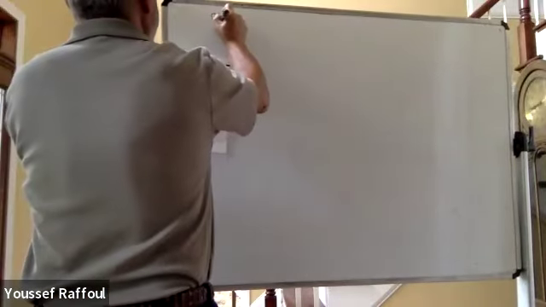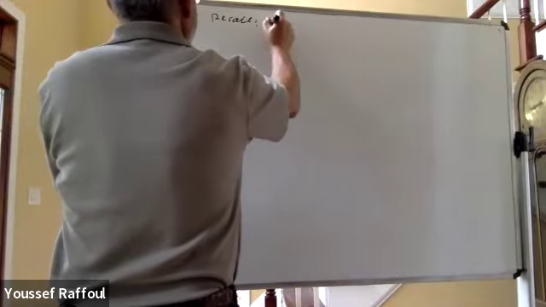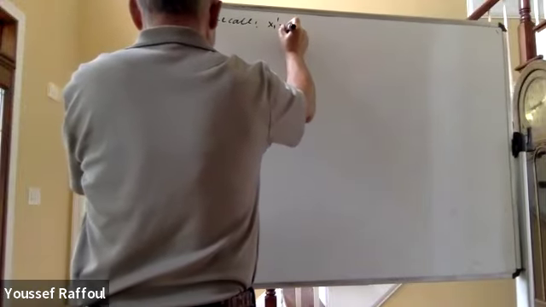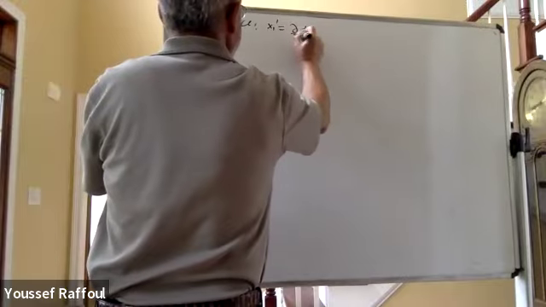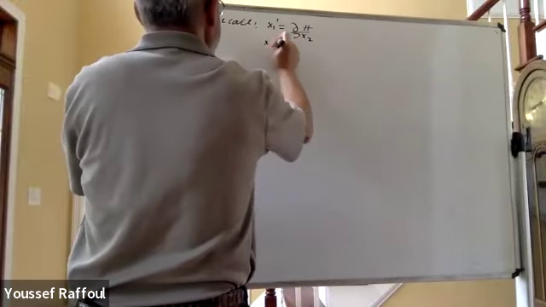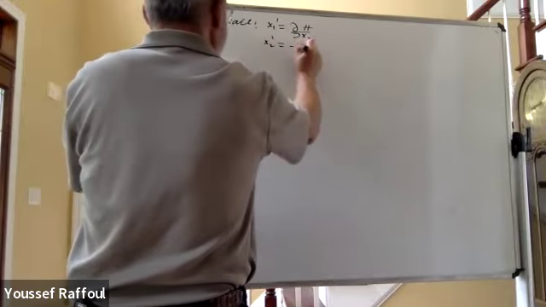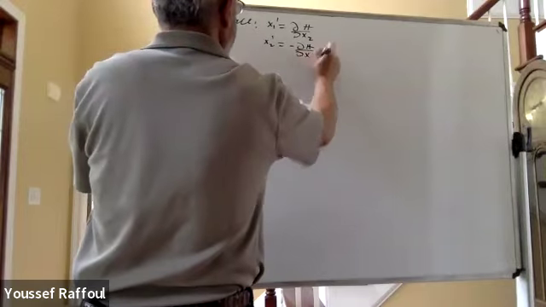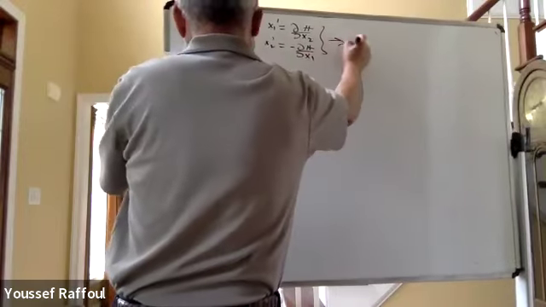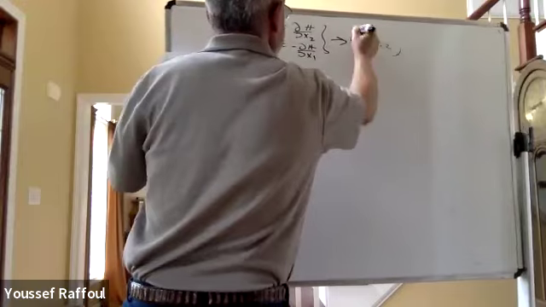So again, recall x1 prime equal to del h over del x2, x2 prime equal minus del h over del x1. This is 5.5.2.